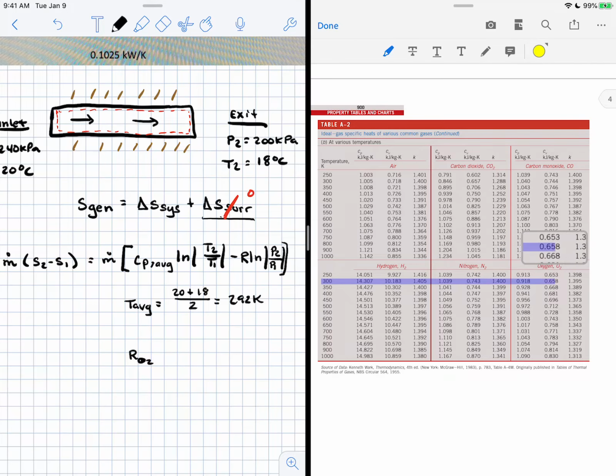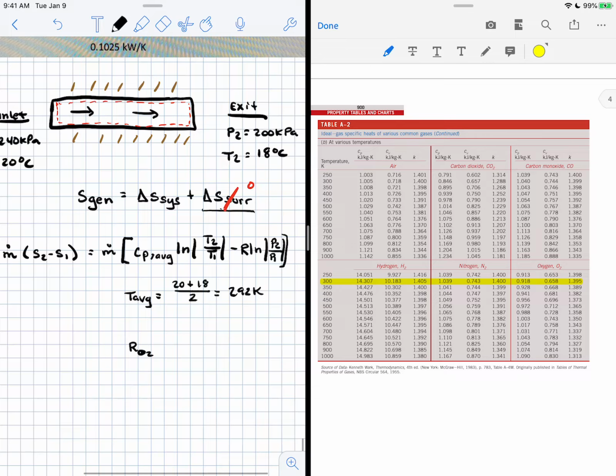At 300 K, the Cp average I will say is 0.918.